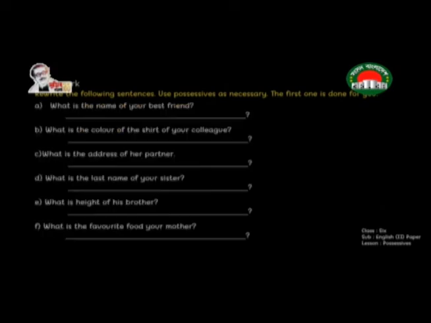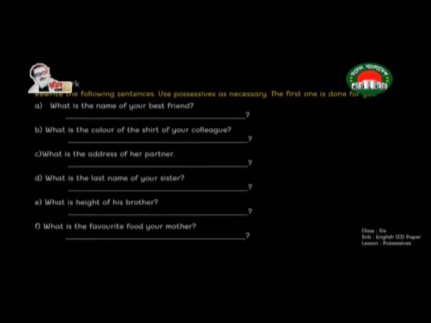So there will be a homework. What you need to do, you need to rewrite the following sentences and use possessives as necessary. Here the first one is done for you. Okay, this is the sentence and in the underlined section you need to rewrite the sentence.